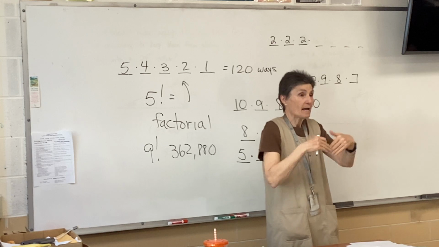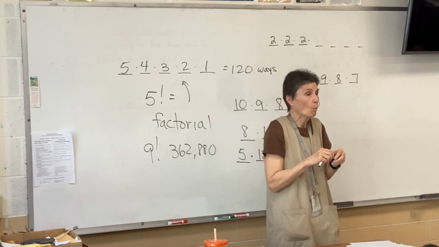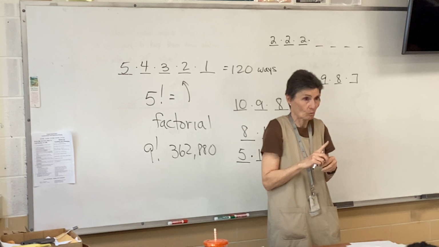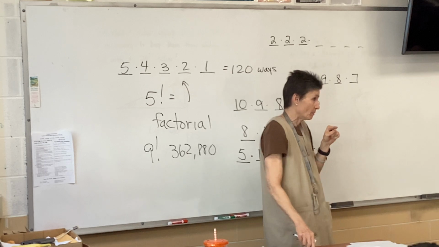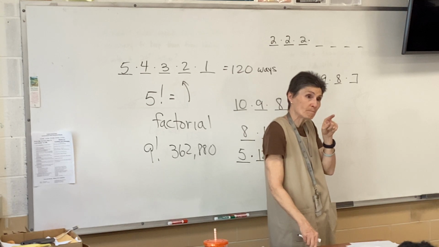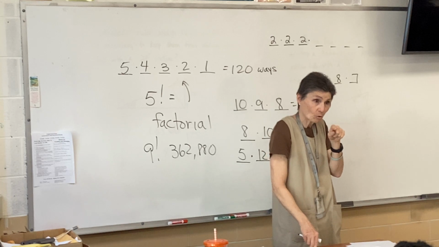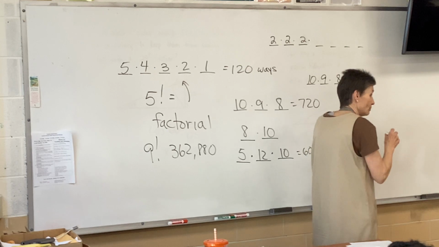All right? Now, when you put them in a circle, it's 1 less factorial. So since there are 5 people, when I seat them in a circle, it would be 4 factorial. Now let me try to explain that to you.